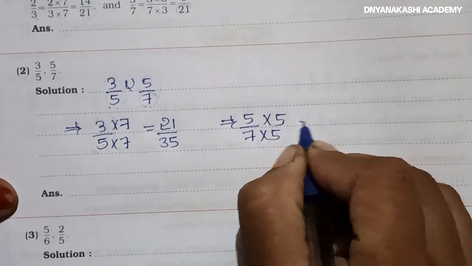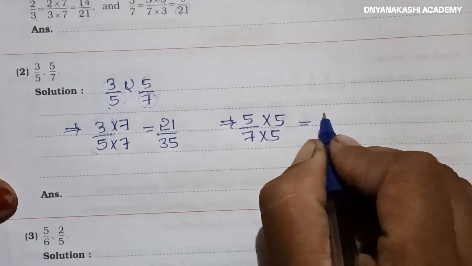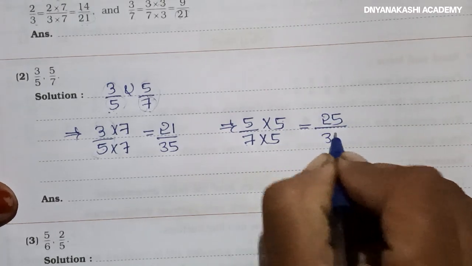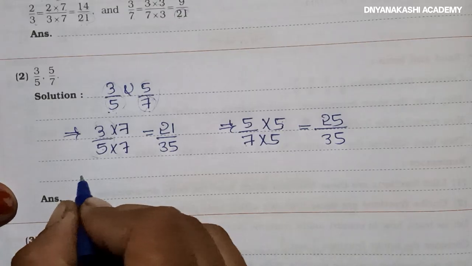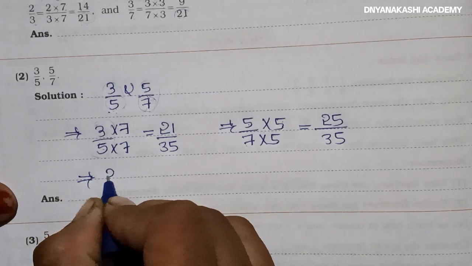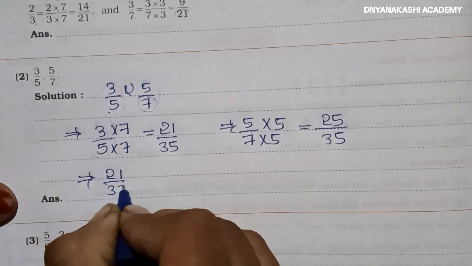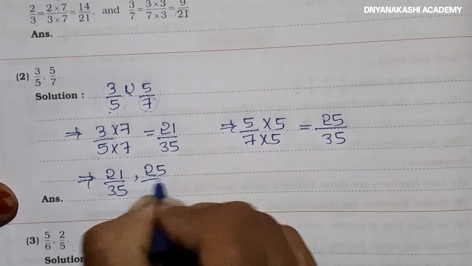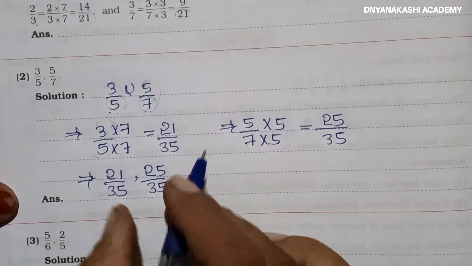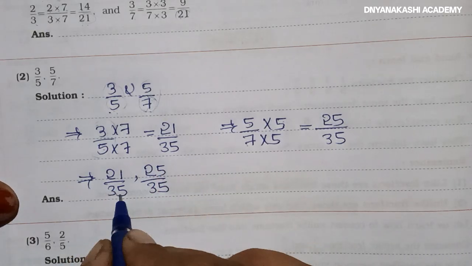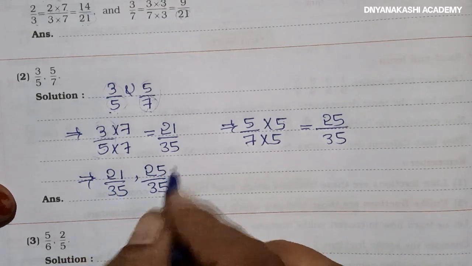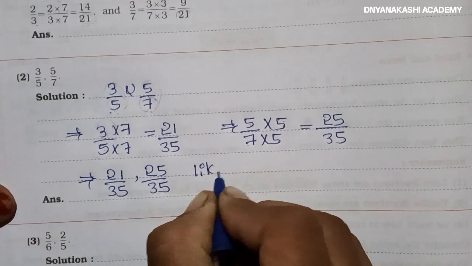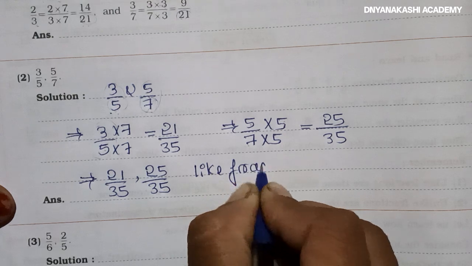Okay, and 5 5s are 25, 7 5s are 35. Here in these two fractions, 21 by 35 and the other one 25 by 35, the denominators are the same, 35 and 35. These two fractions are like fractions.